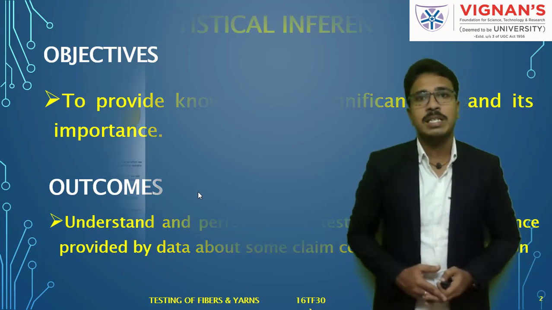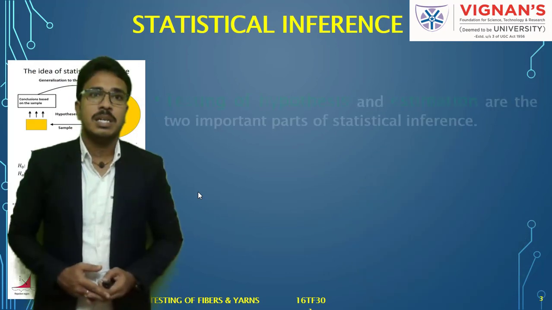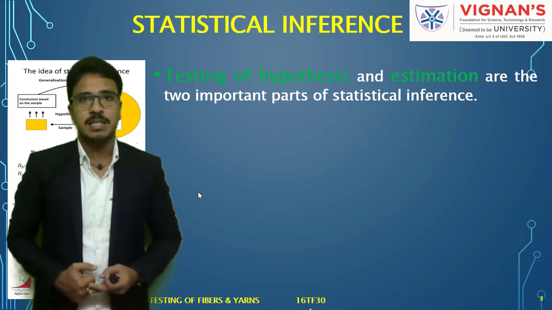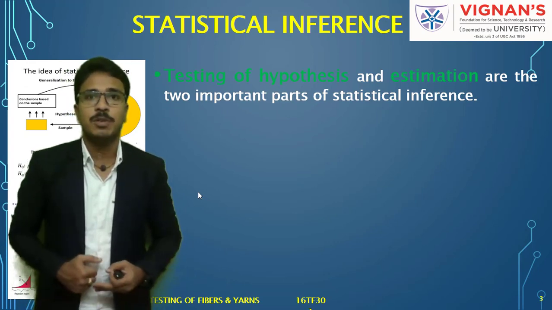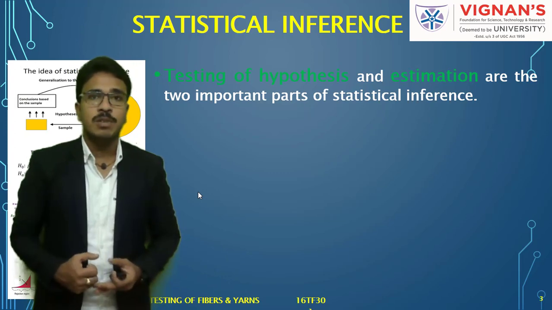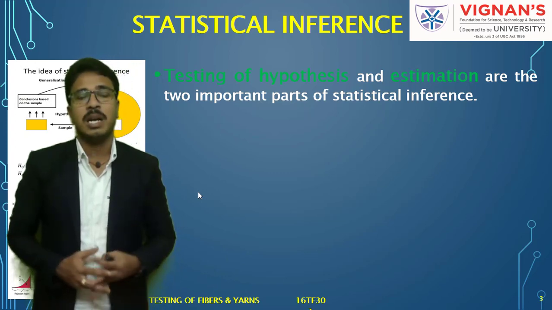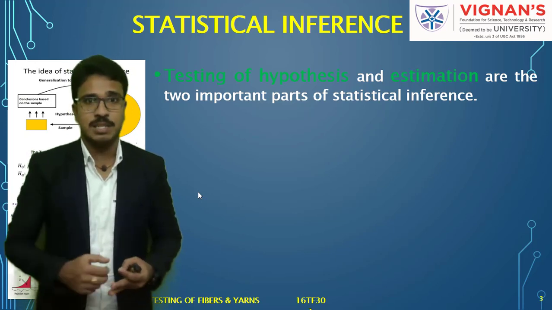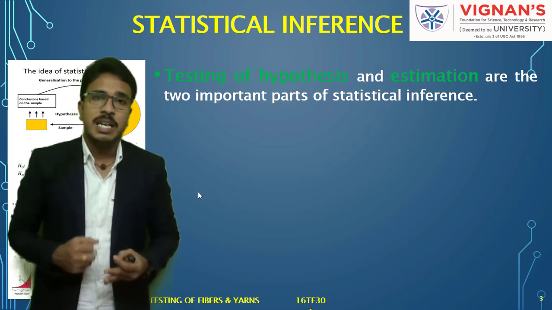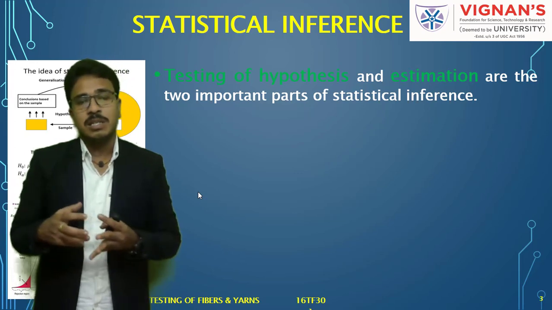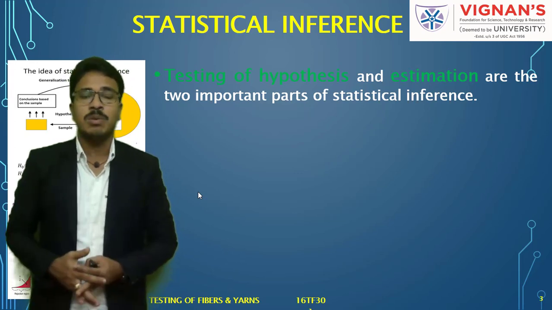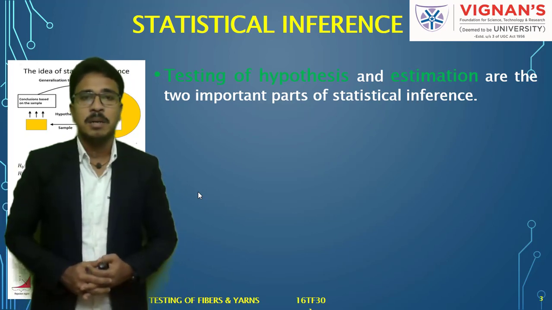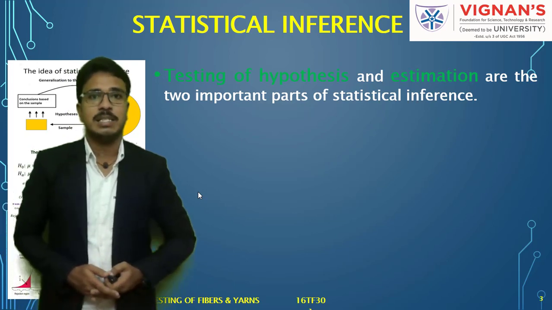Now we will start discussing significance tests. Before that, I would like to give you some information on statistical inference. We are finding the inference for unknown population parameters by means of statistical analysis.